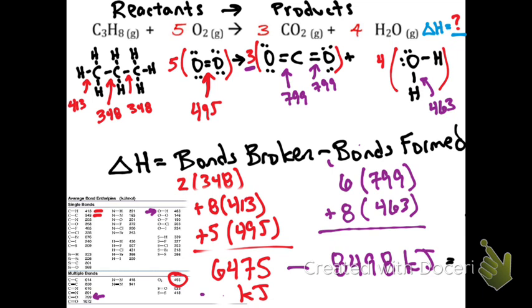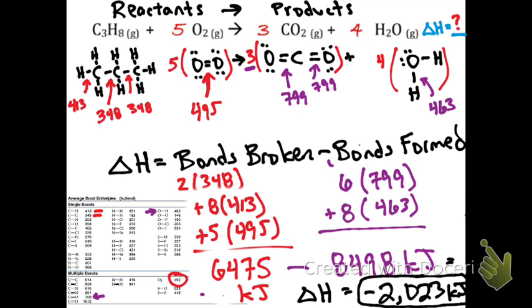And to get my overall answer for this, the delta H for this reaction is negative 2023 kilojoules. And that's what I would find out, that the delta H for this whole reaction here is that answer, negative 2023 kilojoules.